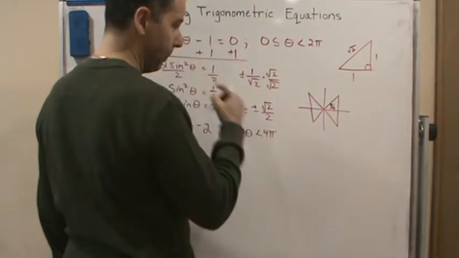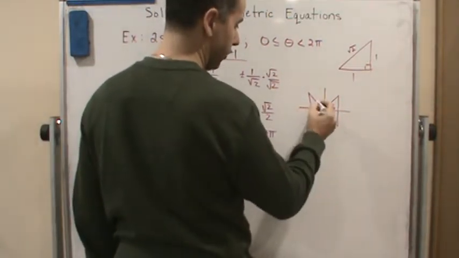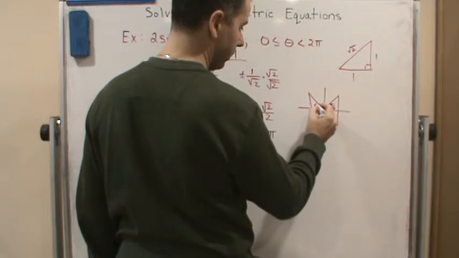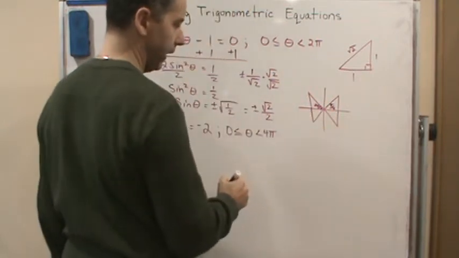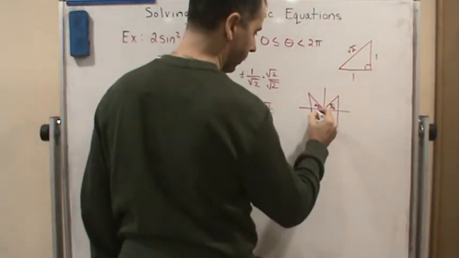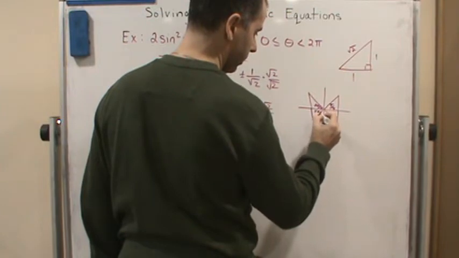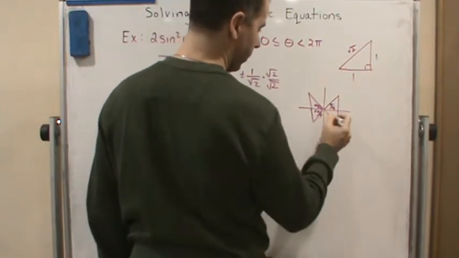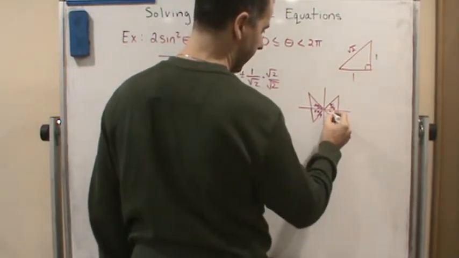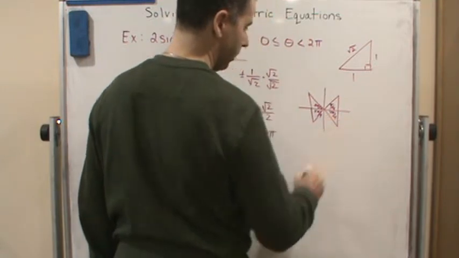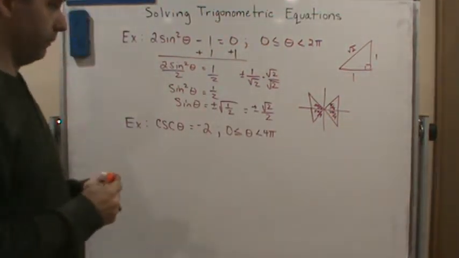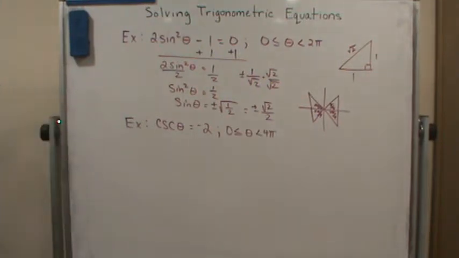This is going to be 3 pi over 4. And then 5 pi over 4. And this is going to be 7 pi over 4.